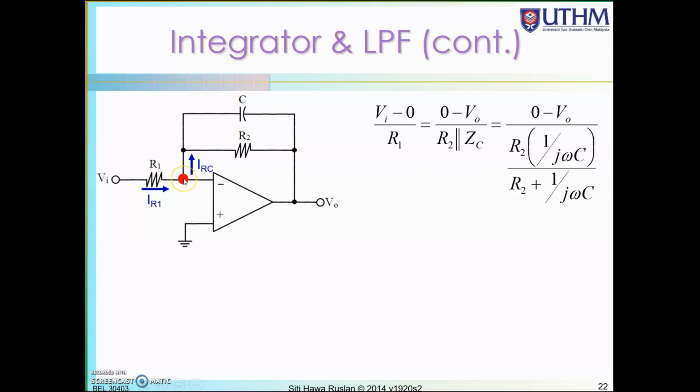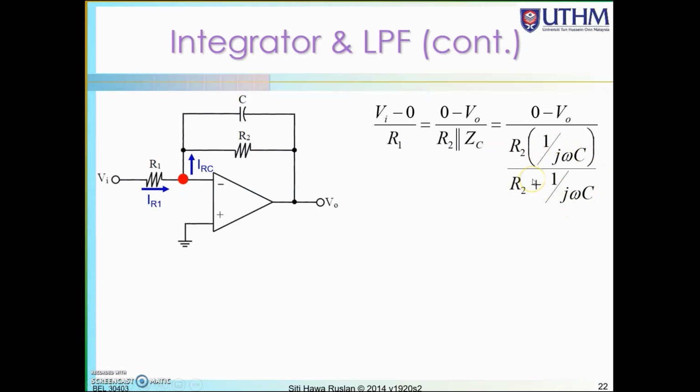So it will be 0 minus the output node VO, divided by those two in parallel. These two in parallel is simply R2 multiplied by the impedance of the capacitor, which is 1 over j omega C, divided by R2 plus 1 over j omega C.